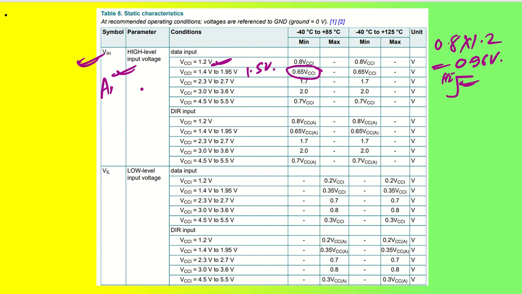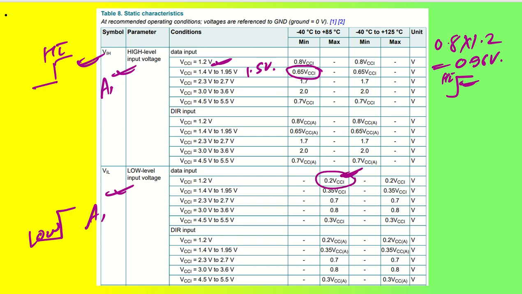Similarly, when will it be considered a low signal? Let us say my input is A, and here it is high and here it is low. For VCCI logic of 1.2 volt, the low level must be less than 0.2 times VCCI.